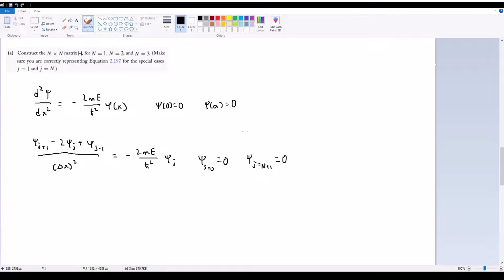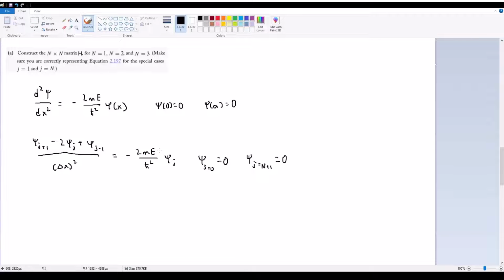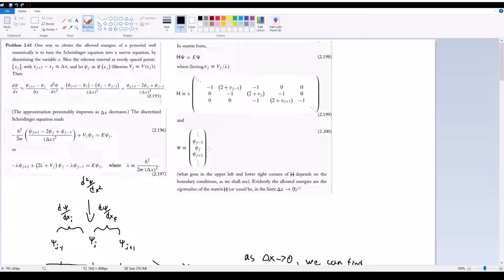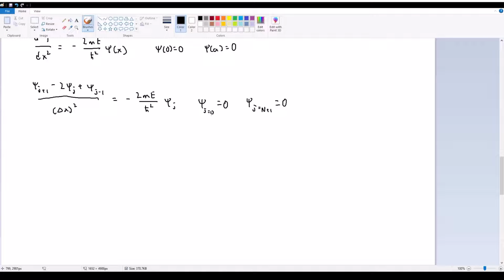Because remember, from the introduction, we are splitting our interval, or our infinite square well, into n plus 1 equal components. So the n plus 1th level is the very end of the well, and j equals 0 is the very start of the well. So these are our new boundary conditions.